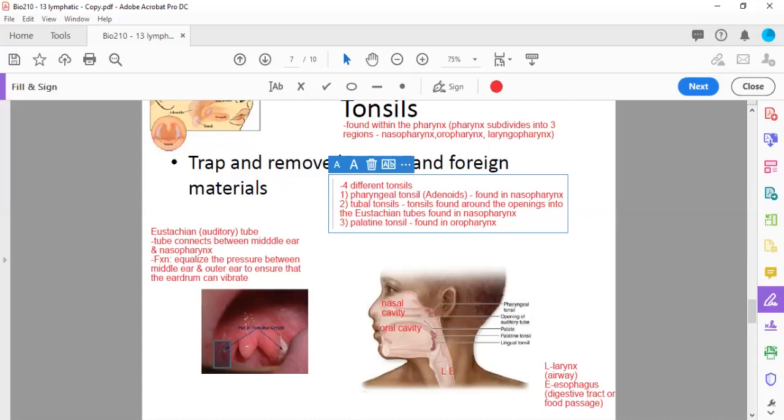People often ask: if I remove my palatine tonsil, what would happen? The simple answer is that the body itself will compensate. Other lymphoid structures will pitch in and help with the immune response.